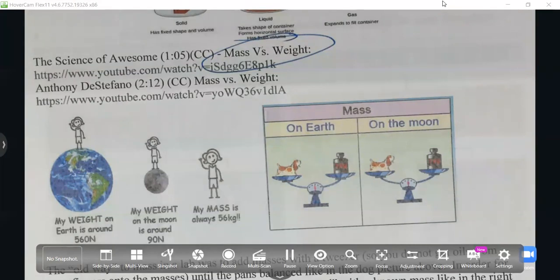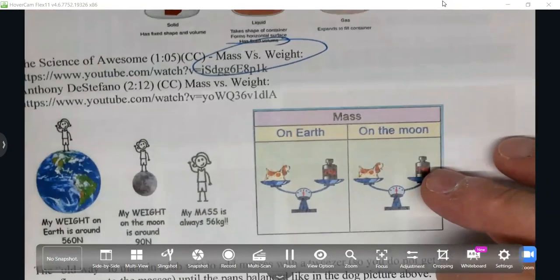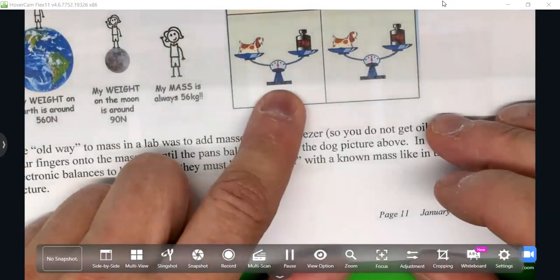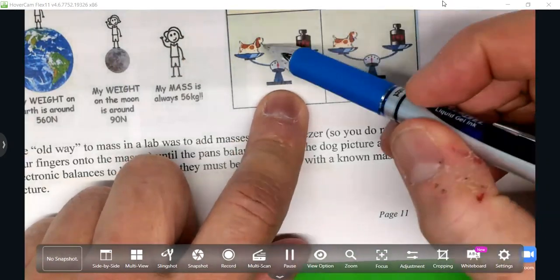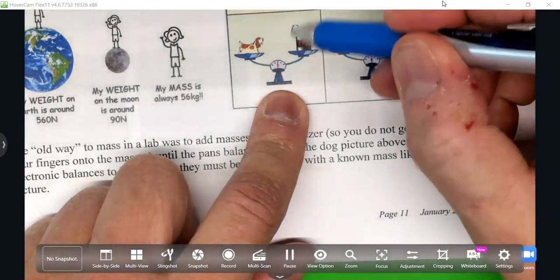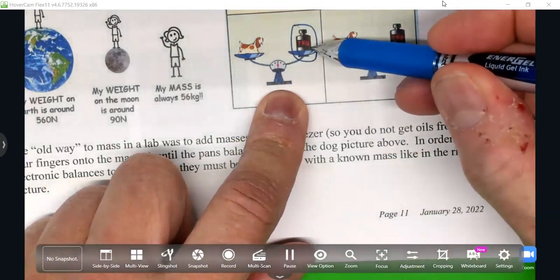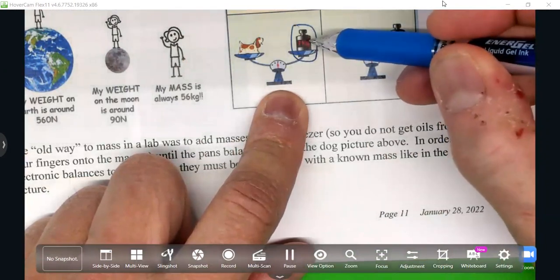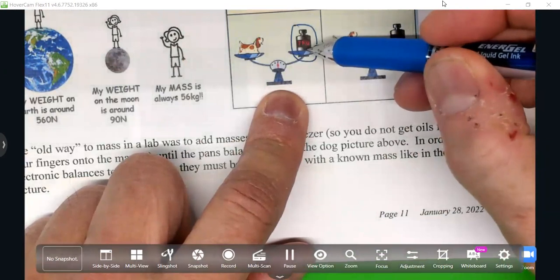In science, we have to do mass. Your mass has to be the same, no matter where we measure it. So if you had a teeter-totter method measuring device like this on Earth to mass this dog, you had to put 1 kilogram on there. As long as you know this is a standard kilogram, it says 1 kilogram on it.